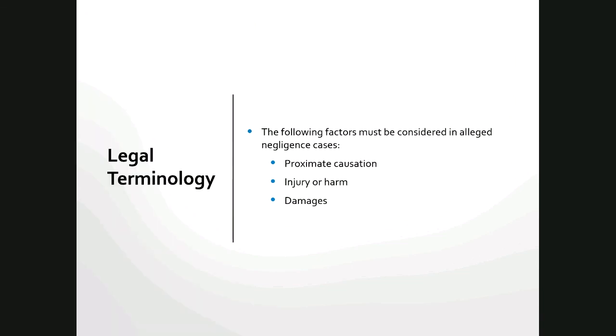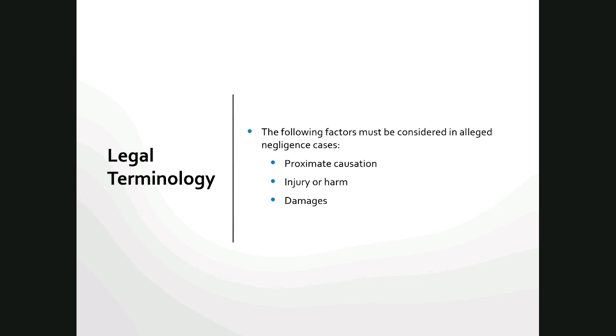The following factors must be considered again in an alleged negligence case. Proximate causation relates to whether the breach of duty actually contributed to the cause of injury, and also concerns all parties involved in contributing to the alleged injury or harm. Injury is the demonstration that an actual physical injury occurred.